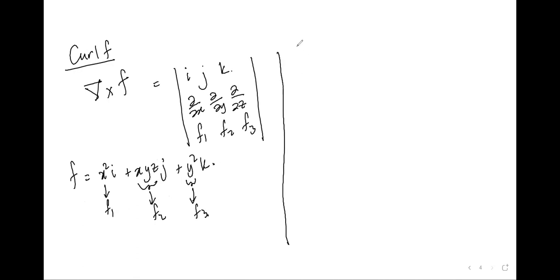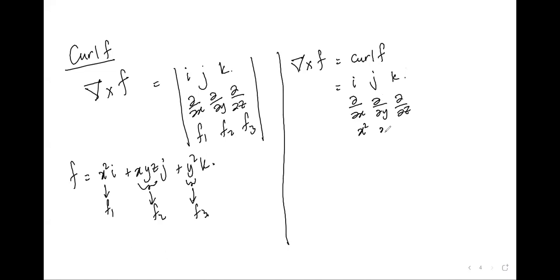So in this particular case, the determinant is going to be i, j, k in the first row, then the partial derivatives, and then x squared, xyz, and y squared.